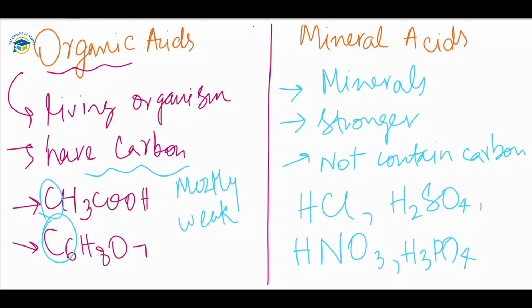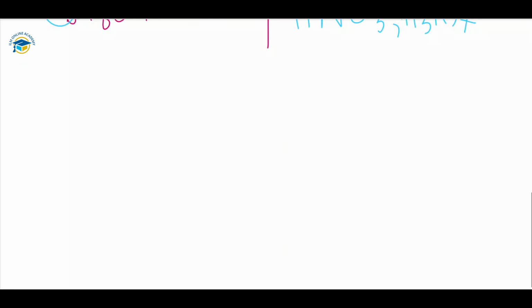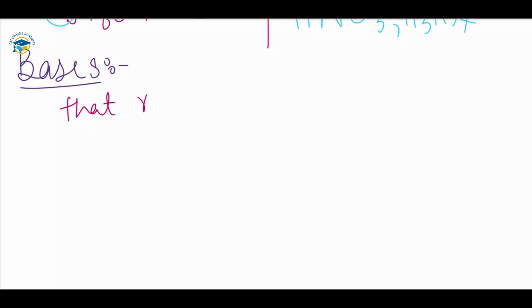Next we'll talk about the bases. These are the substances that release hydroxide ions. Acids are the substances that release hydrogen ions, and bases release hydroxide ions when mixed with water.